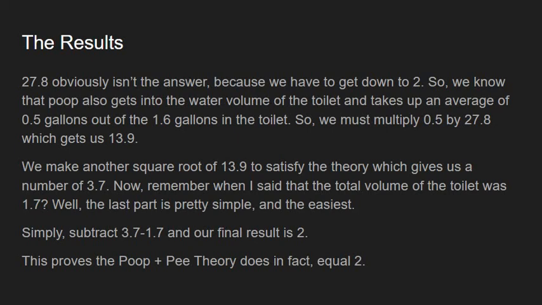We take another square root of 13.9 to satisfy the theory, which gives us a number of 3.7. Now, remember when I said the total volume of the toilet was 1.7? Well, that part is pretty simple. All you have to do is subtract 1.7 from 3.7, and our final result is 2. This proves that the poop plus P theory does in fact equal 2.